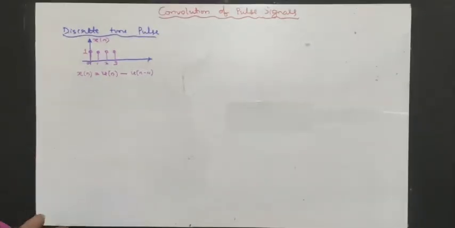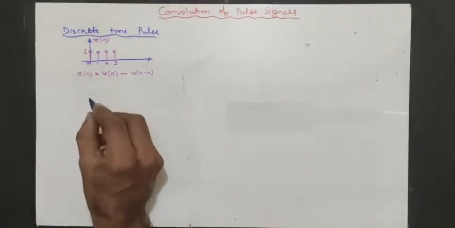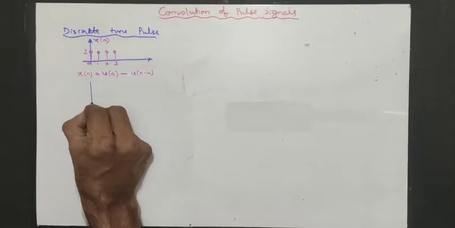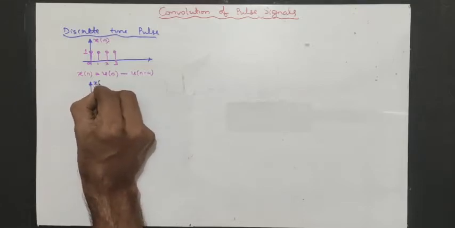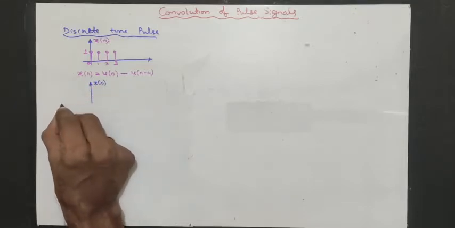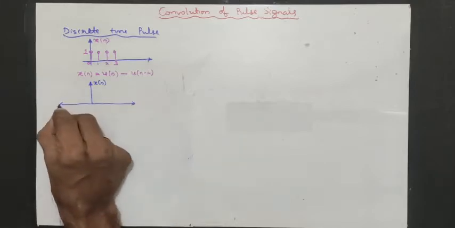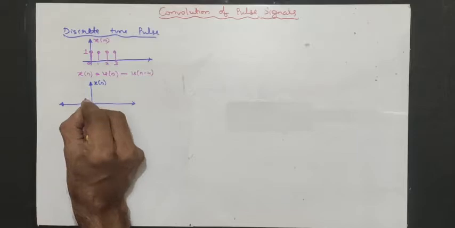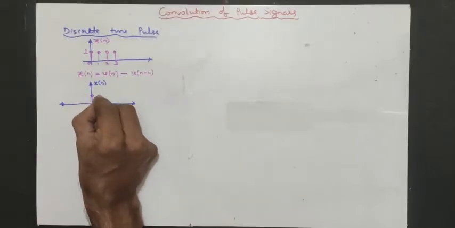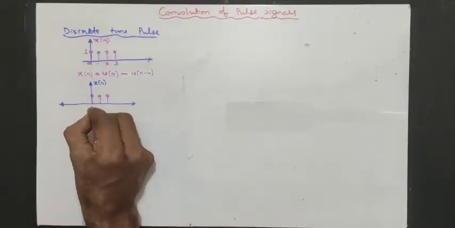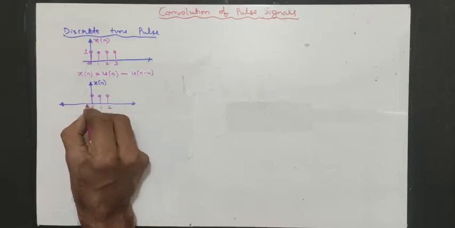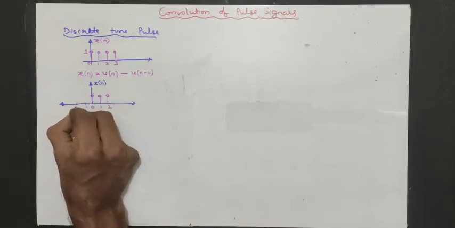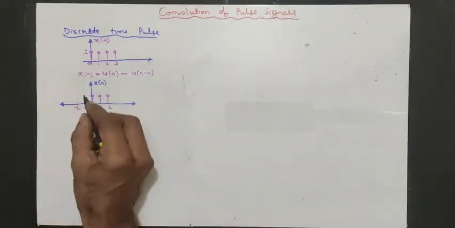Now, suppose I give another example where you want to derive x of n, which is of this kind. X of n is present from minus 2, minus 1, 0, 1, 2. It is present like this.